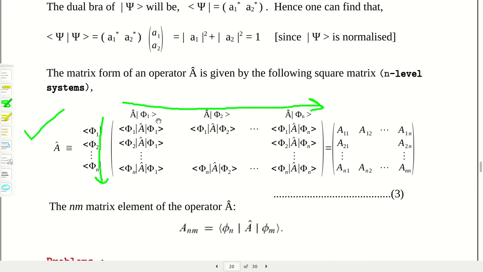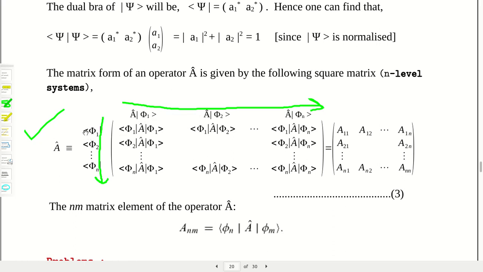So it is a ket, but the kets are not merely phi 1, phi 2, dot dot dot phi n. Those kets are A phi 1, A phi 2, dot dot dot A phi n. Okay, so now let us multiply, not just multiply, the term multiply is very much wrong, just sandwich them to get the expectation value, that is the bra from the left side and the ket on the right hand side.